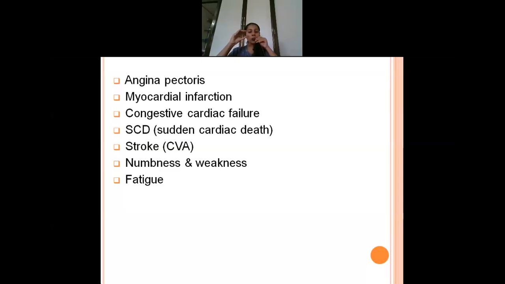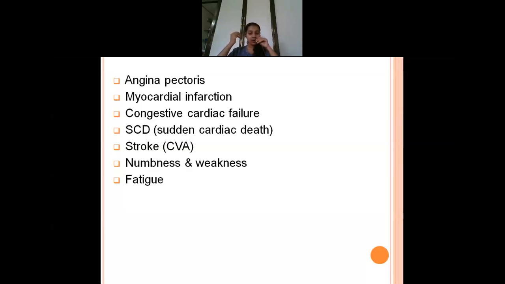That thrombus will occlude any of the coronary artery and it will cause ischemia of any part of the heart muscle. So that will result in MI or heart attack. Other than that, it may also reduce the pumping of the heart, that is called heart failure or congestive cardiac failure.